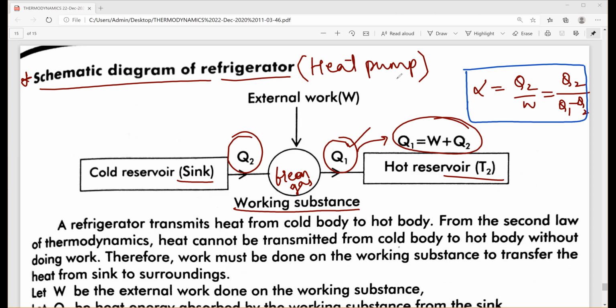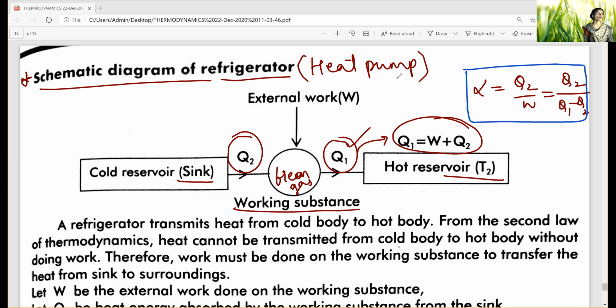So this is all about the schematic diagram of a heat pump, also called a refrigerator, how it is represented mathematically, and how it works. Diagrammatically we can explain the schematic diagram of a refrigerator. Explain the schematic diagram of a refrigerator: sometimes they may ask for 3 marks, or sometimes 5 marks.